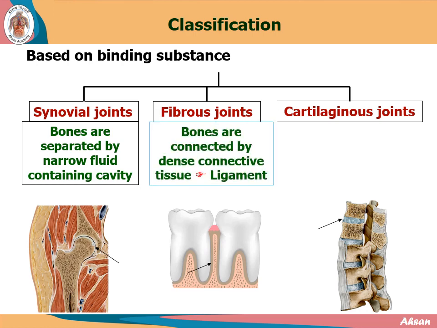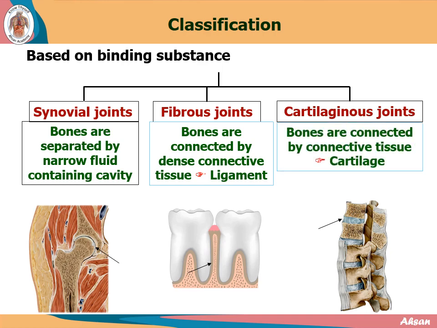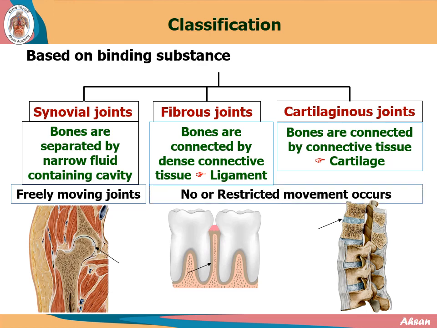In case of fibrous joint, the gap between the bones is filled up with connective tissue that is very tough, ligaments. The gap is filled up with cartilage in case of cartilaginous joint. So there will be a wide range of movement in case of synovial joint, while the movement is restricted or absent in case of fibrous and cartilaginous joint.